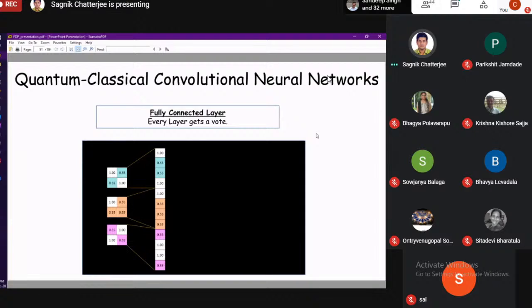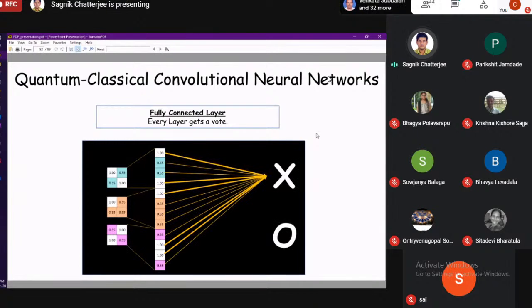Then you have the binary cross entropy classifiers. These are also very closely related to loss functions. So we take them and say if it is an x or a zero. These are all weighted functions and we feed them into the classifier which says it's an x or a zero.